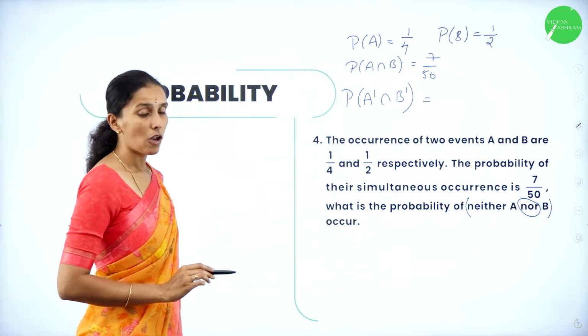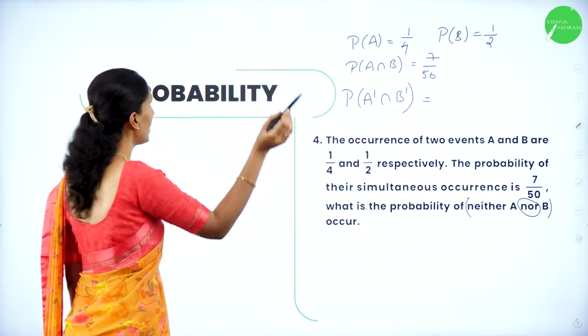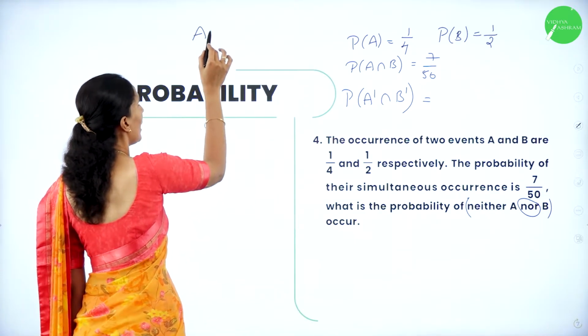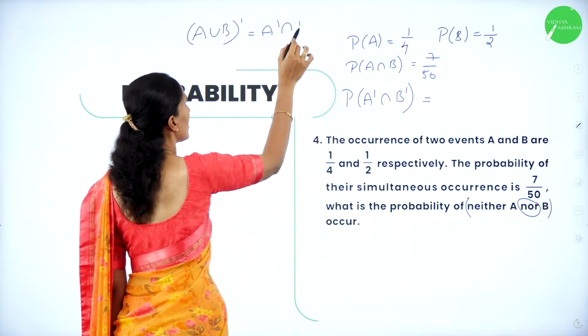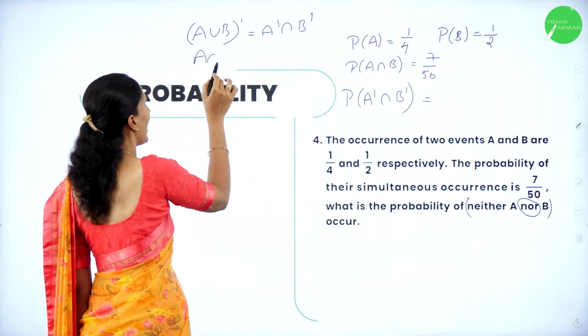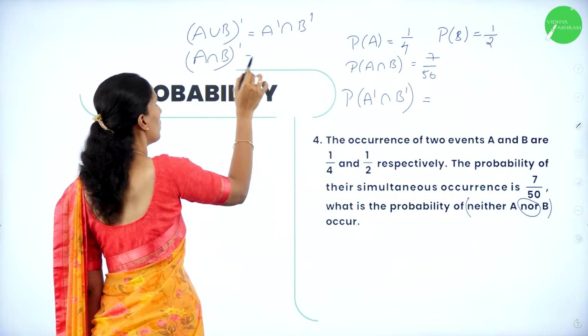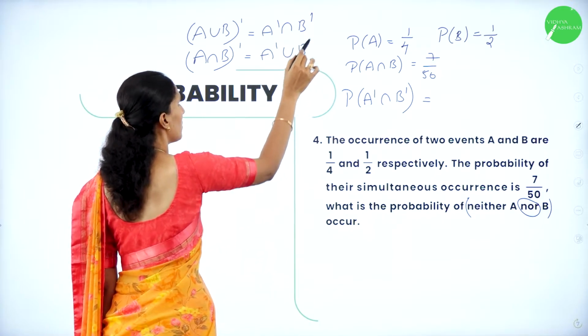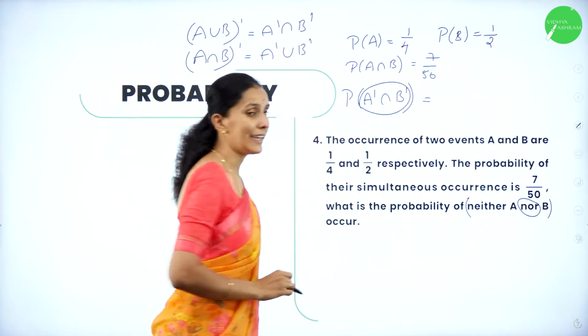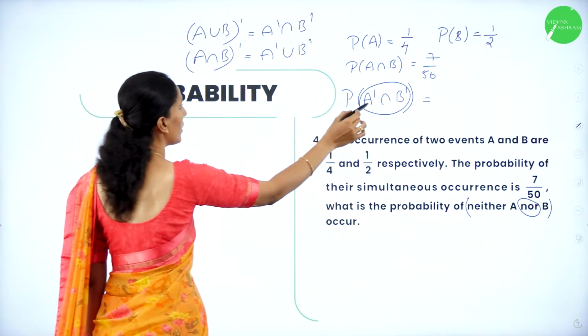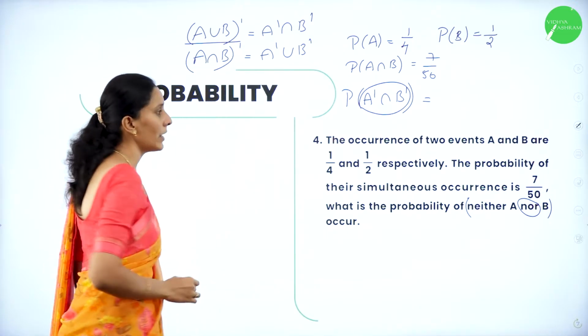Remember the De Morgan's law which you have learnt in your first PUC, that is A union B whole dash is equal to A dash intersection B dash. Also A intersection B whole dash is equal to A dash union B dash. So since I want A dash intersection B dash, I can replace this with A union B whole dash.